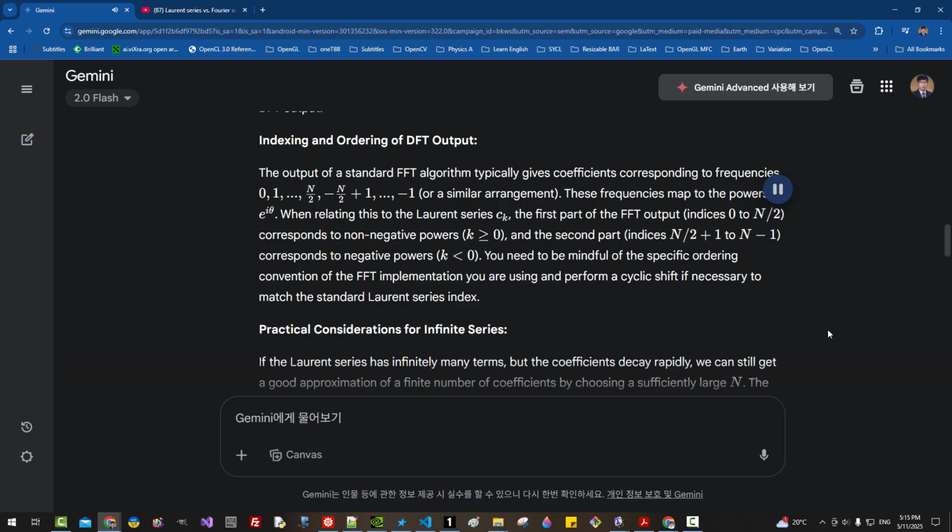When relating this to the Laurent series c_k, the first part of the FFT output, indices 0 to n/2, corresponds to non-negative powers, k ≥ 0, and the second part, indices n/2 plus 1 to n-1, corresponds to negative powers, k less than 0. You need to be mindful of the specific ordering convention of the FFT implementation you are using and perform a cyclic shift if necessary to match the standard Laurent series index.